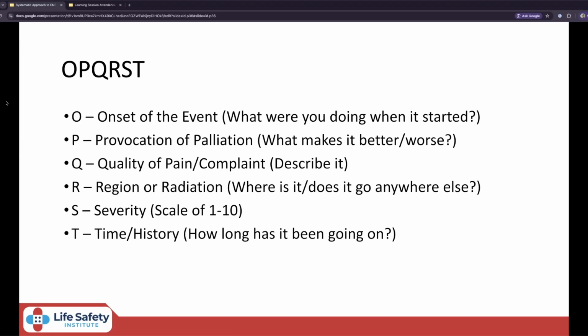And then time, how long has this been going on? Has it been consistent? Has it been intermittent, meaning it's coming and going, right? And so as you go through your OPQRST, this is where you're going to want to be asking a lot of these open-ended questions, sussing things out, getting details, and so on.